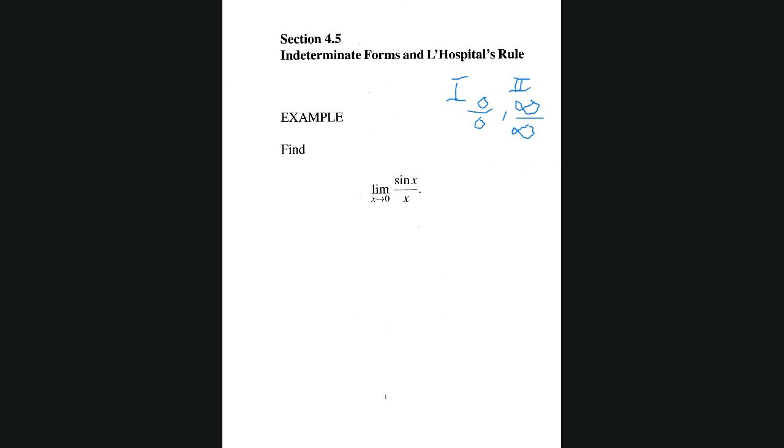And that's actually right, because as x approaches 0, the sine of x goes to 0. And in the denominator x also approaches 0. So it satisfies the condition of the first indeterminate form, 0 over 0. So we're going to use L'Hopital's rule.